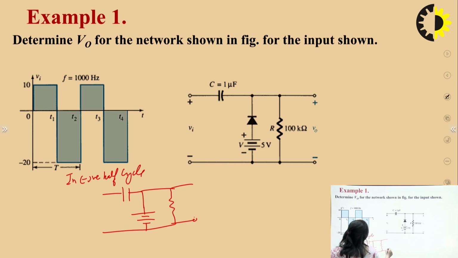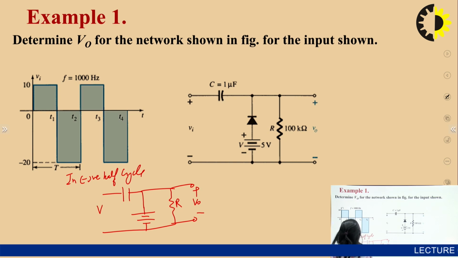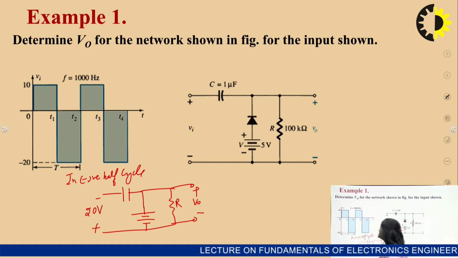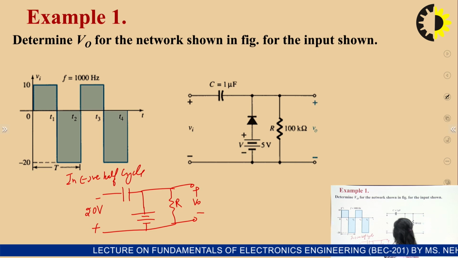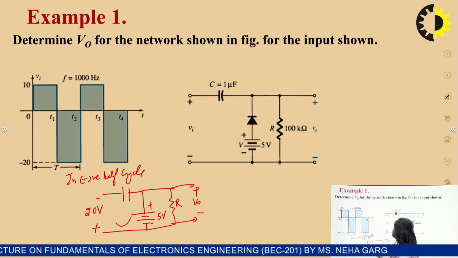This is the output, plus minus, this is R, and here we have taken the negative half cycle. So in negative half cycle the input is 20 volt. So this will be 20 volt, minus plus 20 volt. Now this will be 5 volt. Current will be flowing in this way.